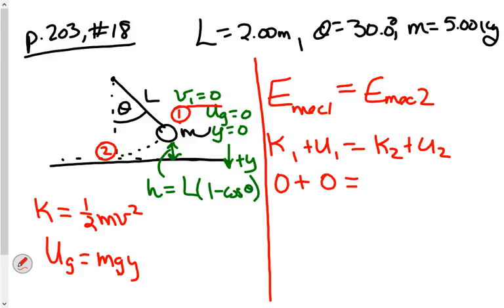Okay. What am I trying to find in this problem? The velocity at point 2. So I'm going to make this the kinetic energy at point 2 then. Well, hang on. Okay. And then the gravitational potential energy at position 2 is going to be mgh, where h is equal to L times 1 minus cosine theta.